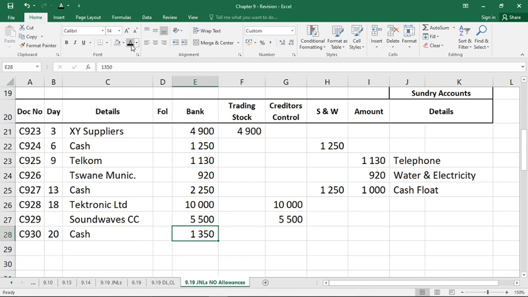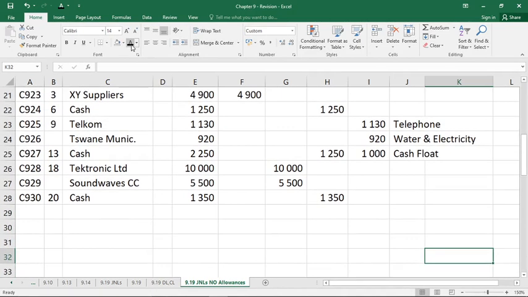So 1,350 is going to be the amount. How did we get 1,350? You could say 1250 times by 8%, right? And then you're going to add it on to the 1250 to get us the new wages amount for the week of 1350.